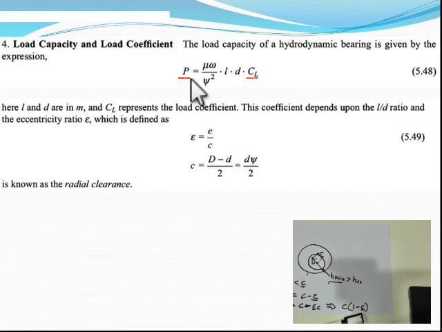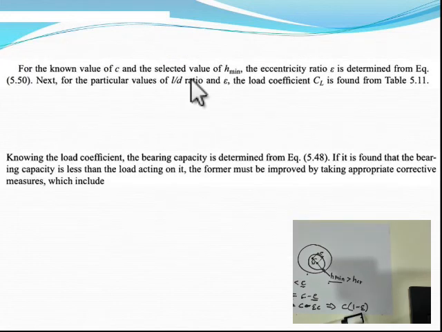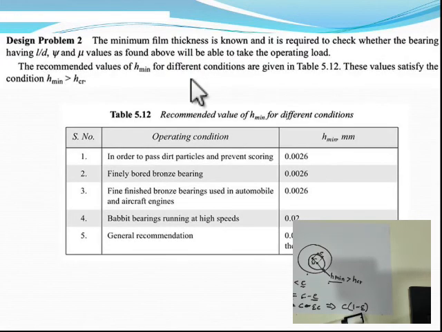Once the load capacity of the bearing is understood from design problem 2, there can be again two possibilities, that the load can be very easily taken by the bearing, or it cannot be taken. So there can be different methods. If you want to go ahead and increase the load capacity, again one can change the kind of oil that is being used.